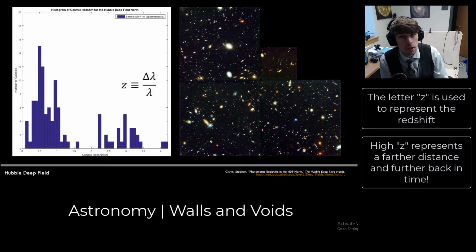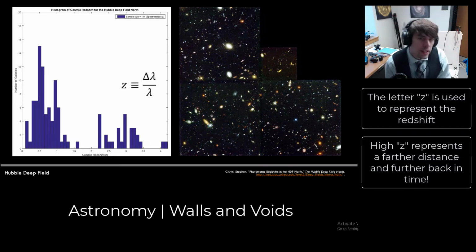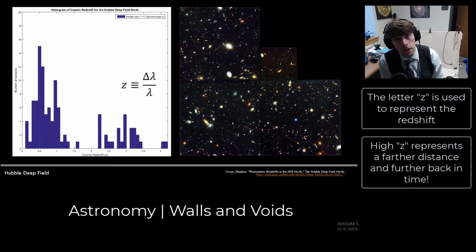If you prefer, you could say distance from Earth or distance in the past, right? Because the further away you are, the more in the past we are seeing you. So there's a couple different ways to think about that horizontal axis. The vertical axis is simply the number of galaxies displaying a given redshift.